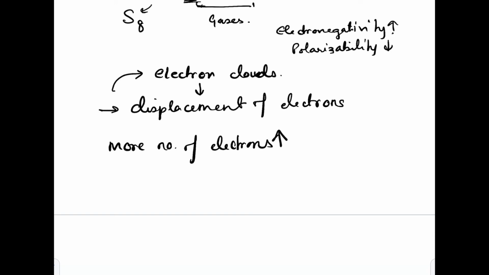If there are more electrons, there will be more electrons to displace, and more charge. Because of the more number of electrons, there will be a higher melting point and higher boiling point. All these things will change, and this greater number of electrons will be a result of the molecular mass.